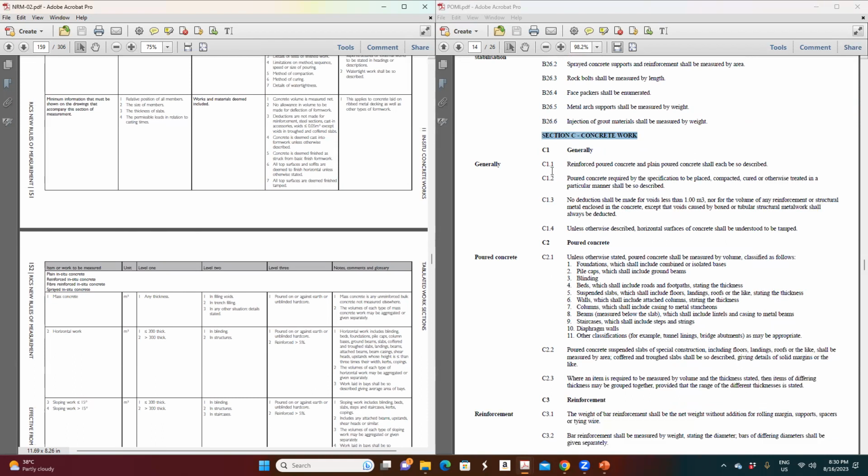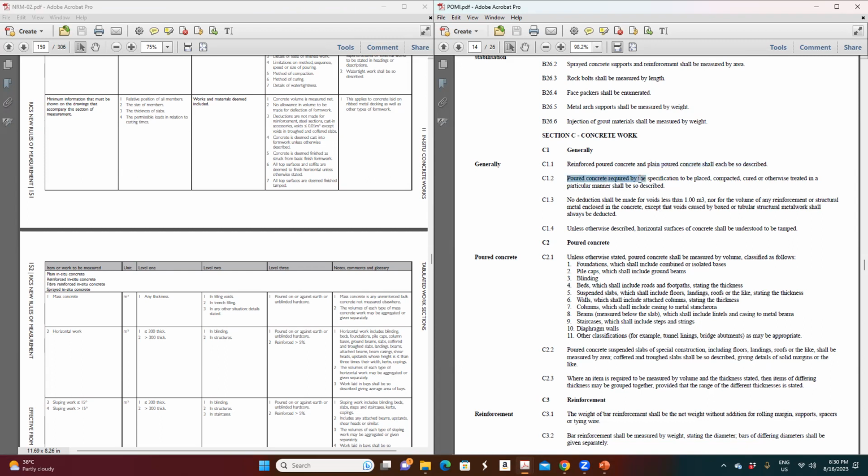They said generally reinforced poured concrete and plain concrete shall be so described. What does that mean? There are two different concretes, no? Reinforced concrete and mass concrete, which is plain concrete. You have to mention in your description whether it is reinforced concrete or plain concrete.